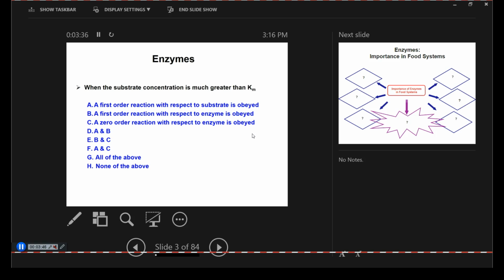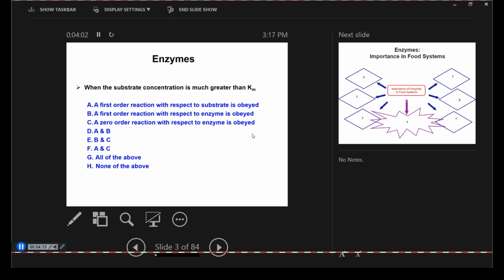Okay, so now that we kind of have an idea of what Km is, I don't know if you remember any of that, or if you want to take a wild guess. Go ahead, take a wild guess of A. It's a really good wild guess, but anybody else?